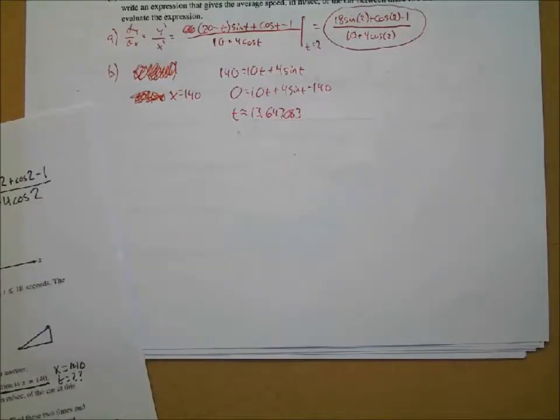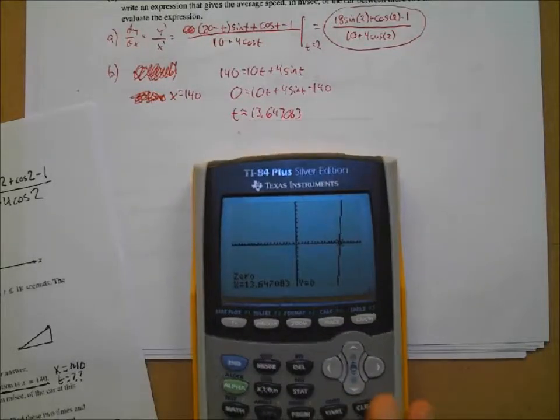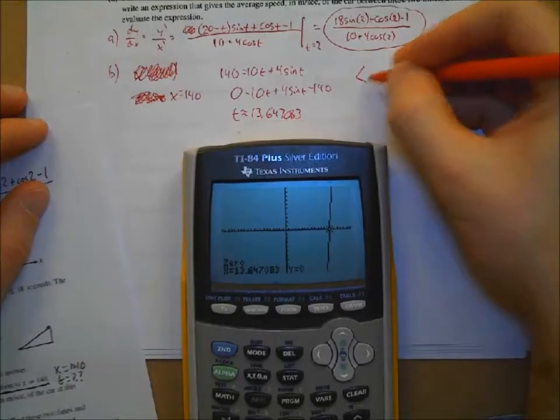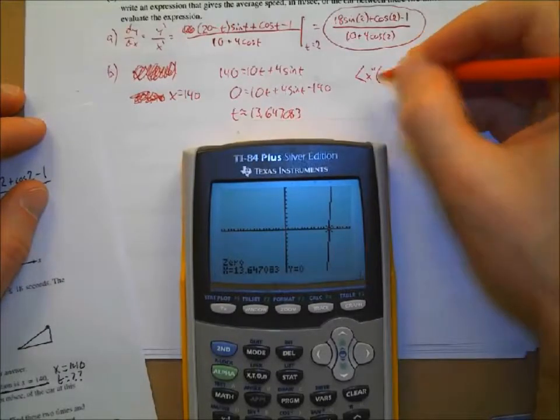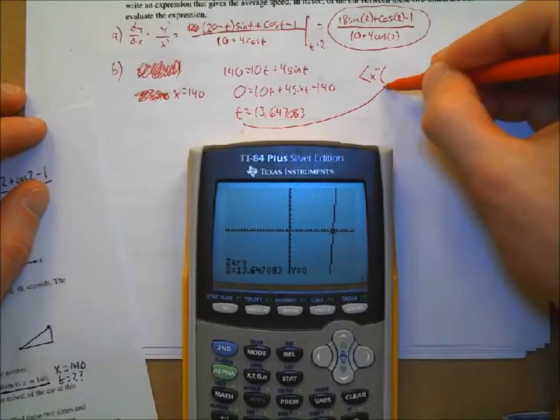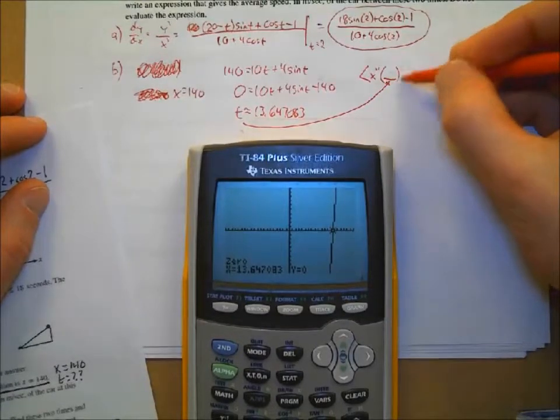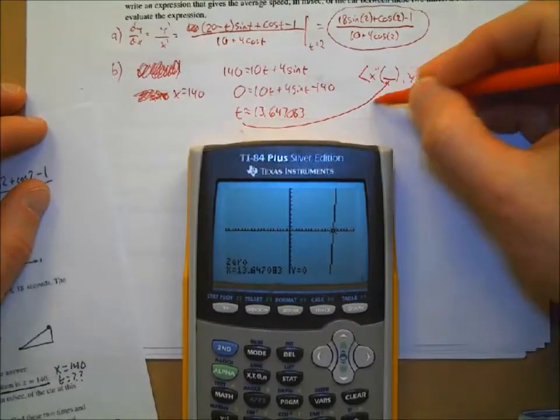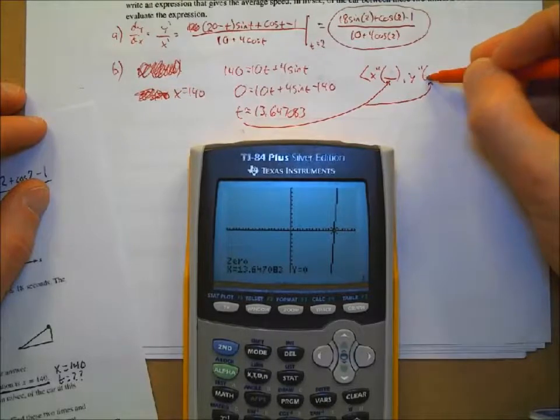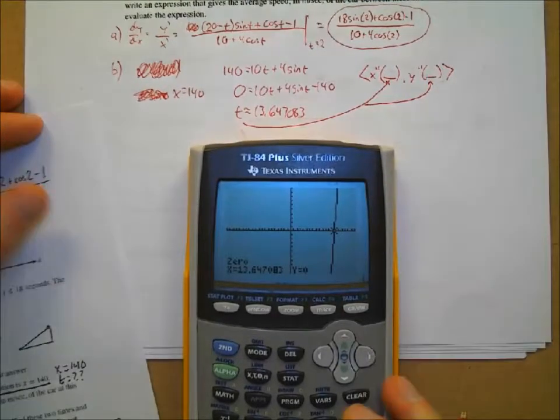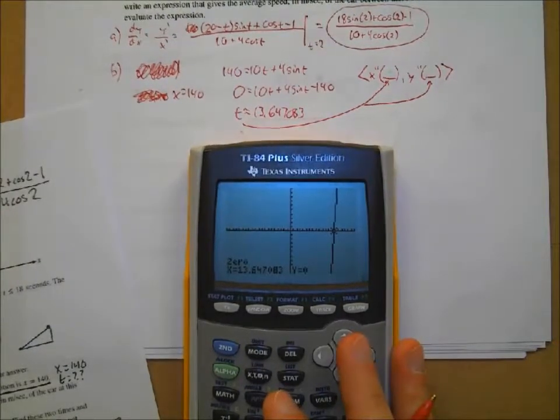And remember that your graphing calculators can find the value of the derivative at a point for you. So we're going to do x prime prime of that t, and y prime prime of that t as well.